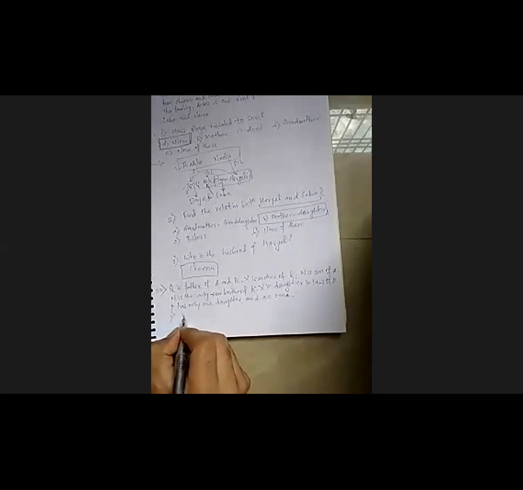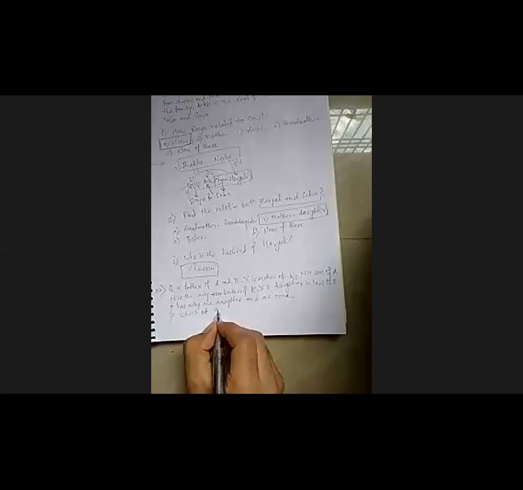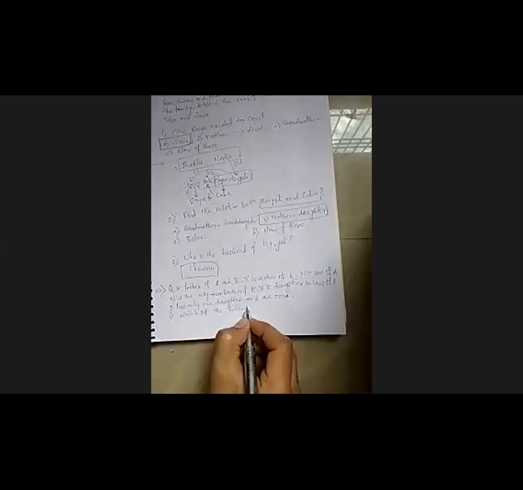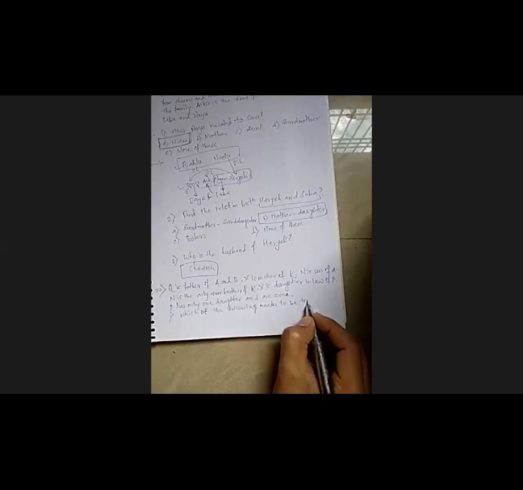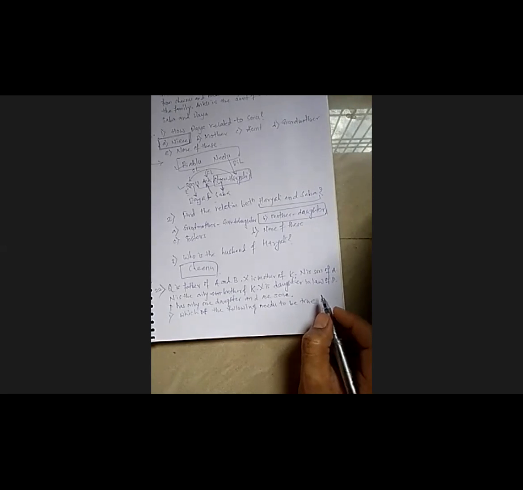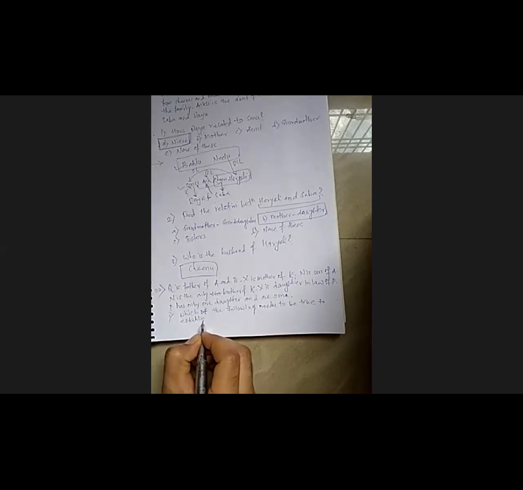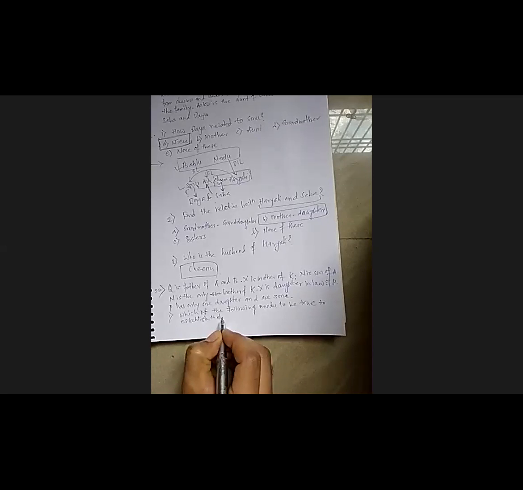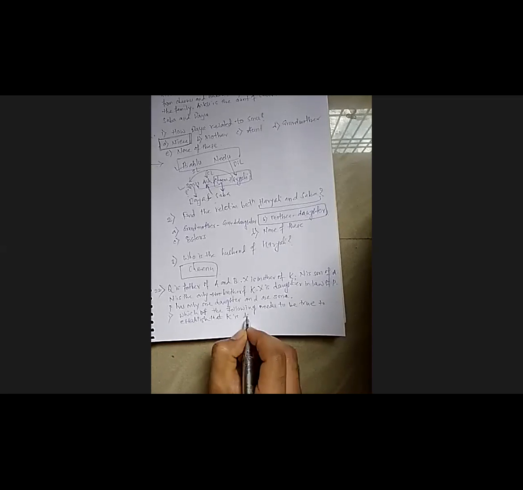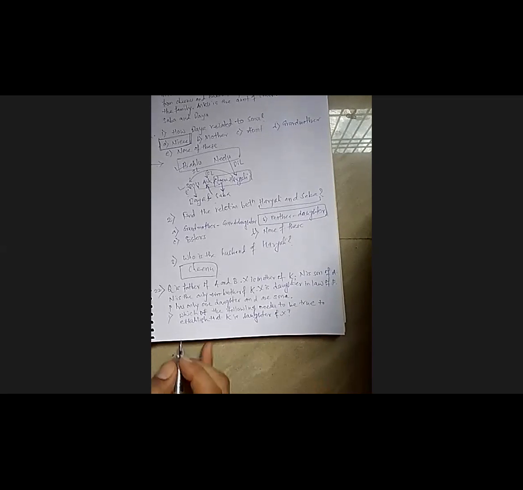So first question in this case, which of the following needs to be true to establish that K is daughter of X?